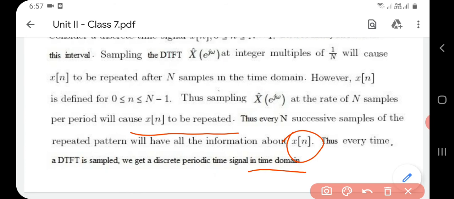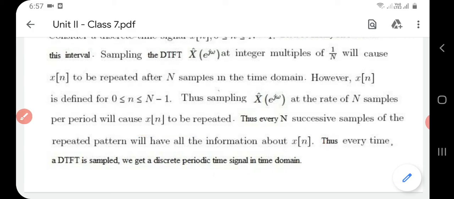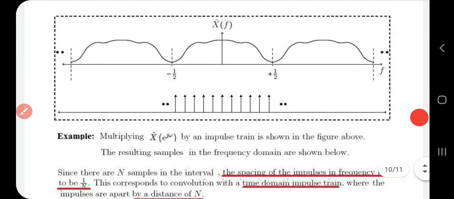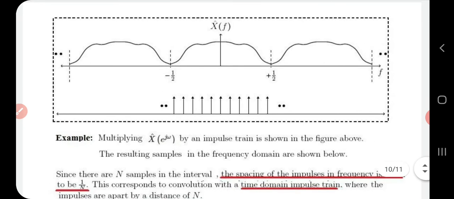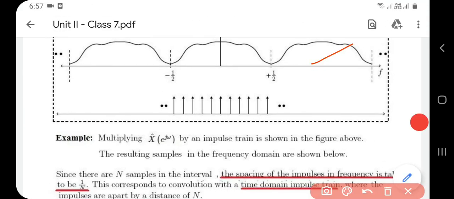So the repetition, the overlapping, the addition, the shifting, everything will be done in the time domain. This shows multiplying the DTFT by an impulse train, and these are the resulting samples that we obtain in the frequency domain.